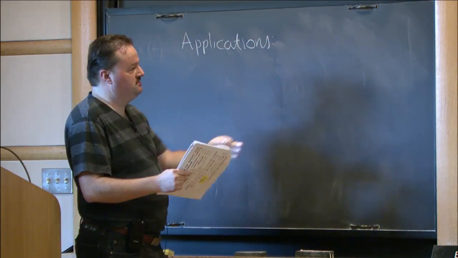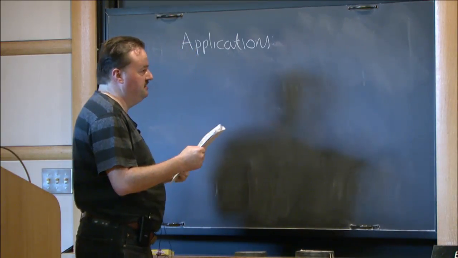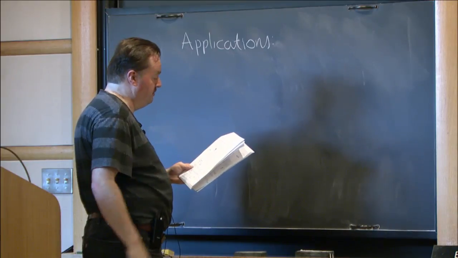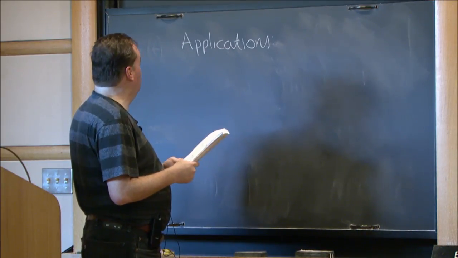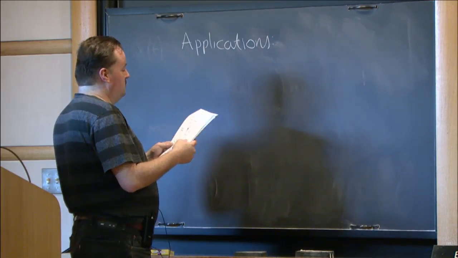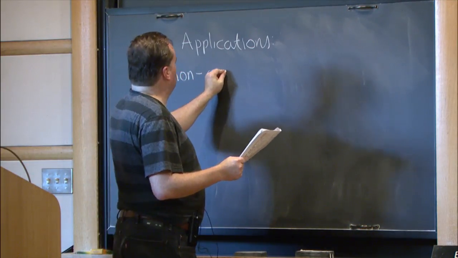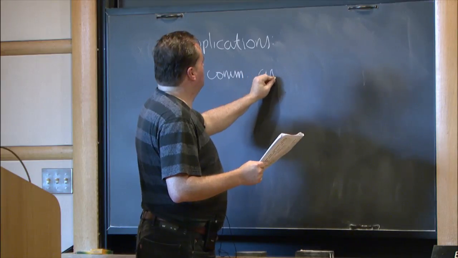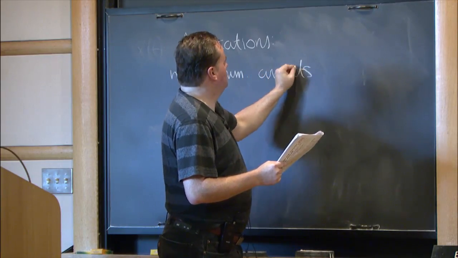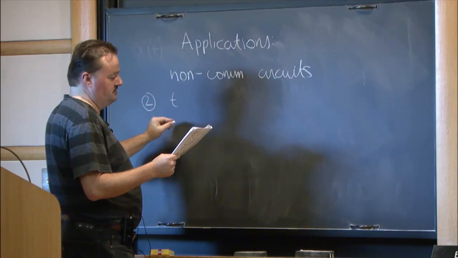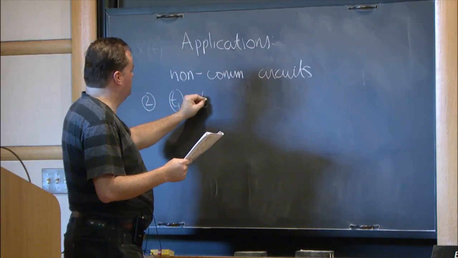So one application is this tensor to algebraic complexity theory. That's an important problem for some complexity problems. But here's another where you look at non-commutative circuits. So maybe I'll just draw a circuit like this.